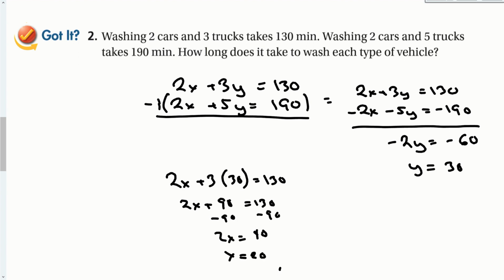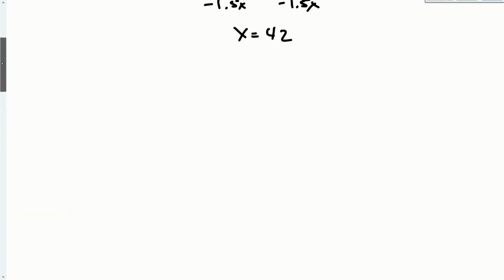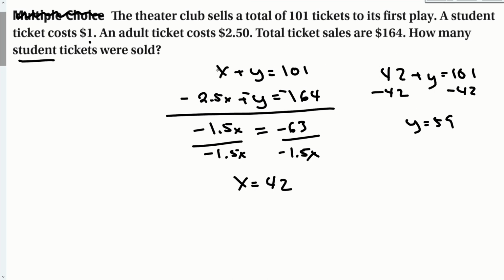Okay? So it takes 20 minutes to wash a car, 30 minutes to wash the truck. Okay? We were able to solve this with elimination. Now, this particular system was not a good choice for substitution, whereas this one up here I could have, because I have 3 places where x or y is by itself.